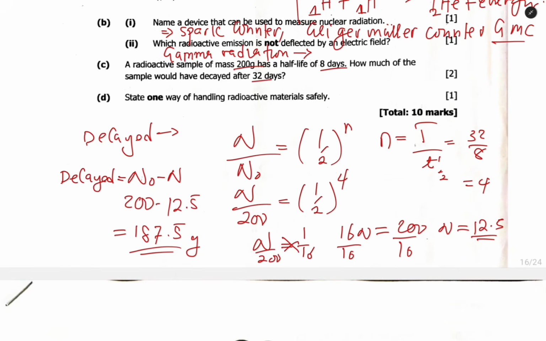And of course when handling these, you use tongs to handle the radioactive materials. Wear protective clothing, and of course do not direct the radioactive material toward humans. Okay, I think those are some of the safety precautions that should be taken when handling these substances.